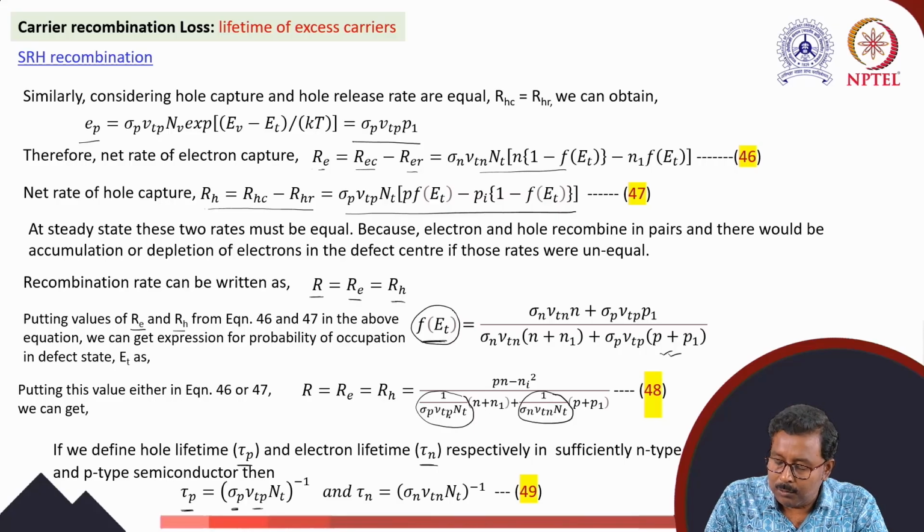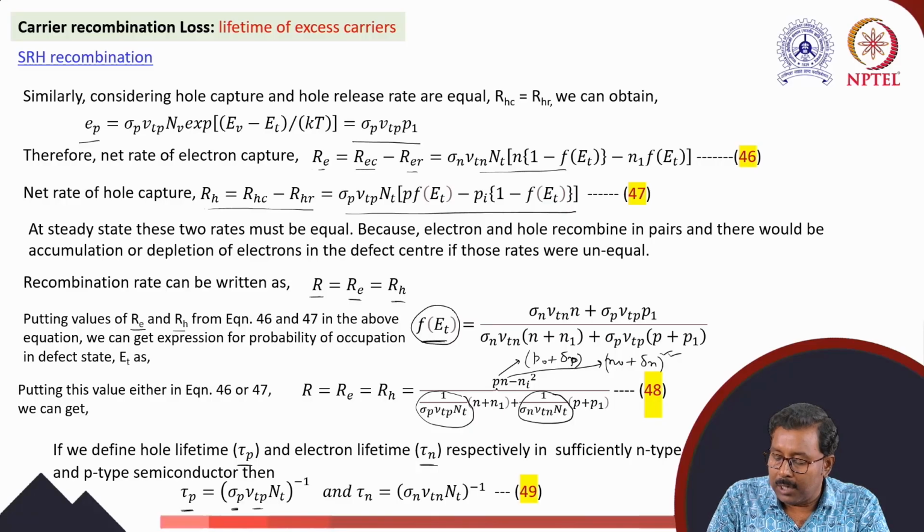If you put back this value, 1 by this is tau p. So finally the expression will be tau p into n plus n1, plus tau n into p plus p1. And in the numerator, this pn minus ni square, there is an excess minority carrier. P is nothing but p0 plus delta p, and n will be n0 plus delta n.